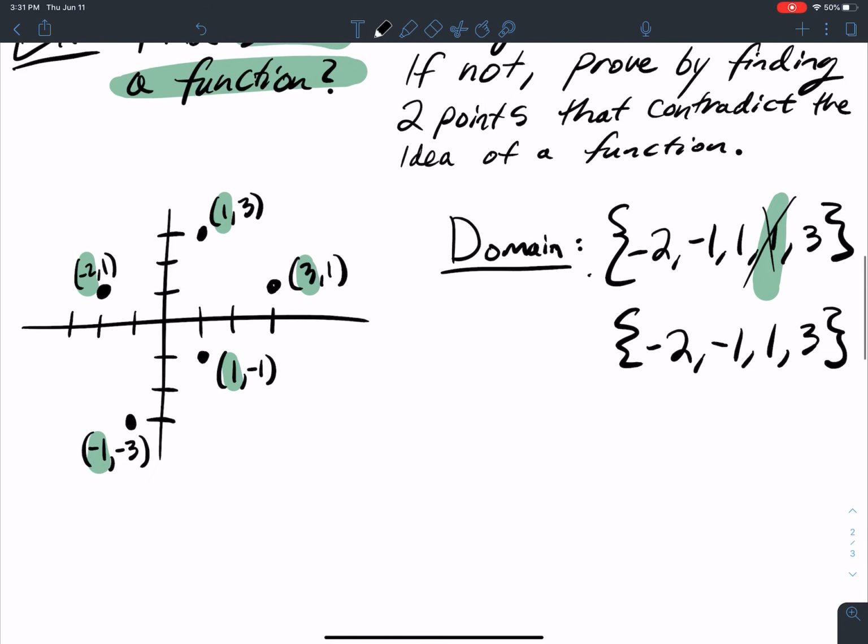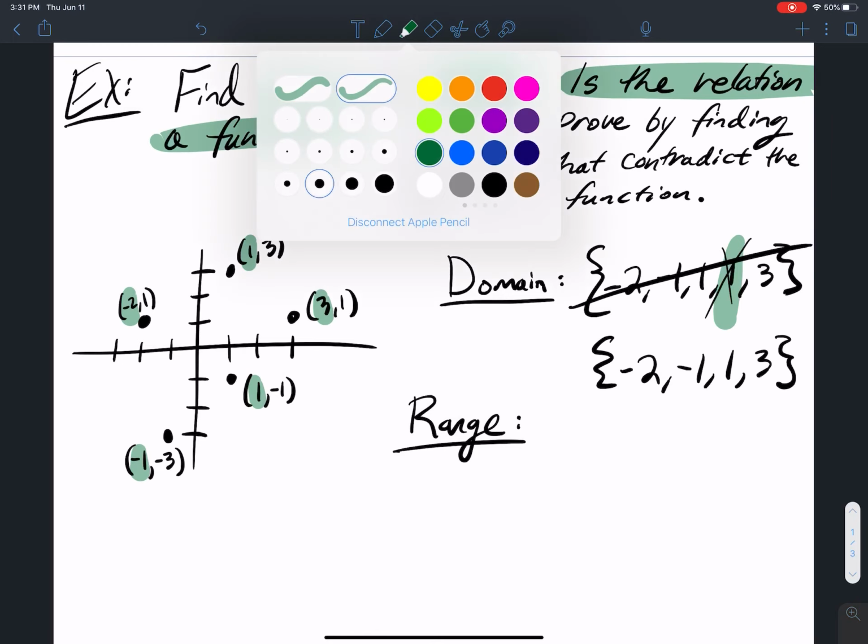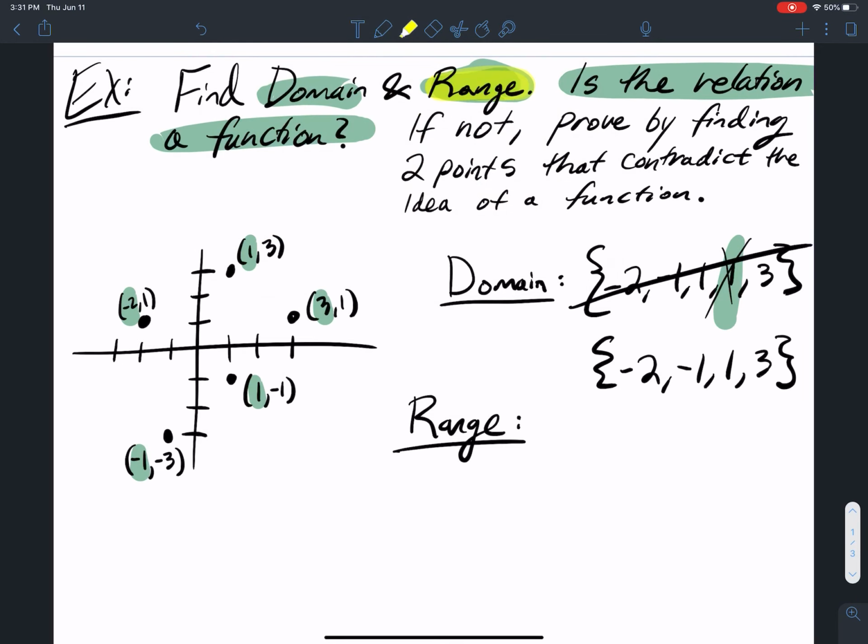Okay? So the range, what is the range? Well, the range, this is the y values. So the y values, what are those? That's 1, negative 3, negative 1, 1, and 3. Okay, do I have any copies?